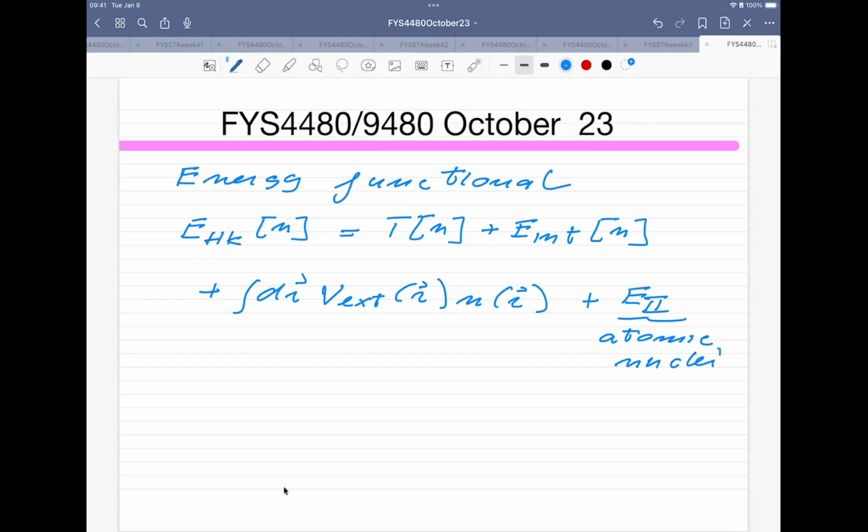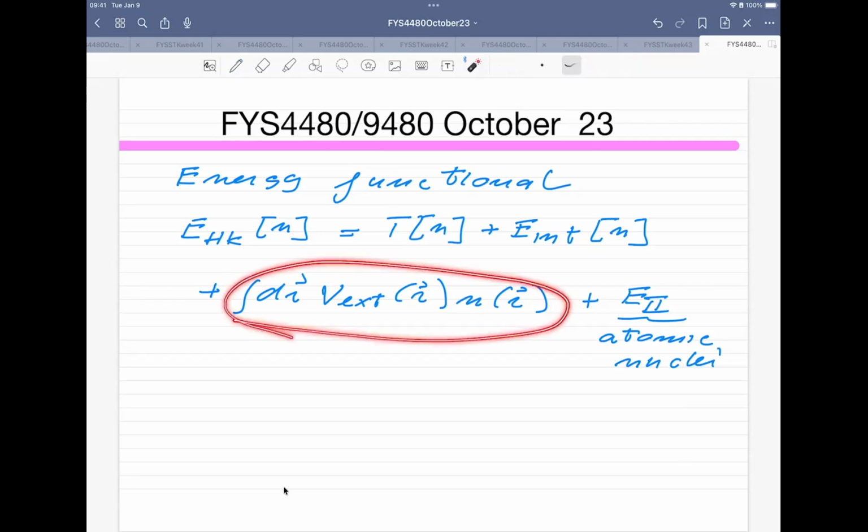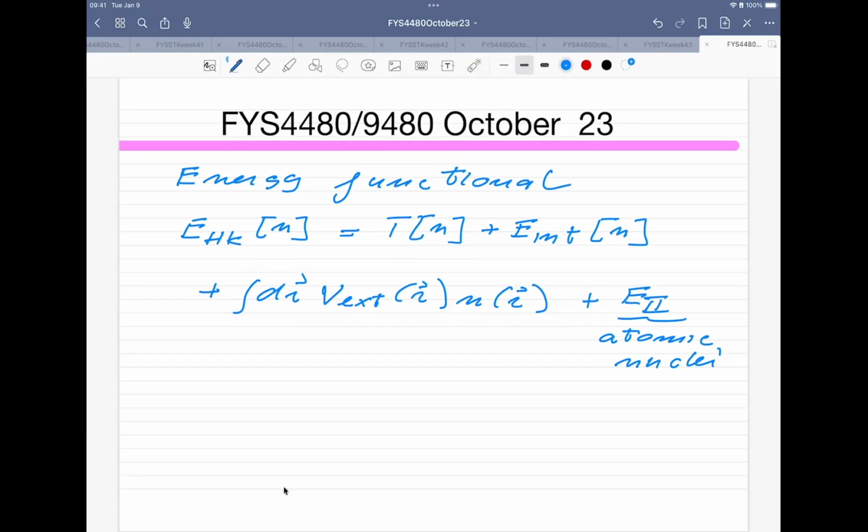Now, what we did last time was, first, we proved that this term could be written out as a function of the density for a general wave function. Secondly, what we did prove is that the interaction piece, if we are dealing with fermions, would have a term which comes from the direct piece, which is then just given by the density squared.